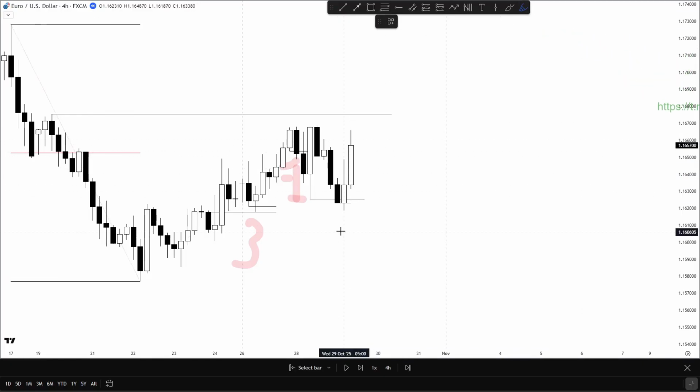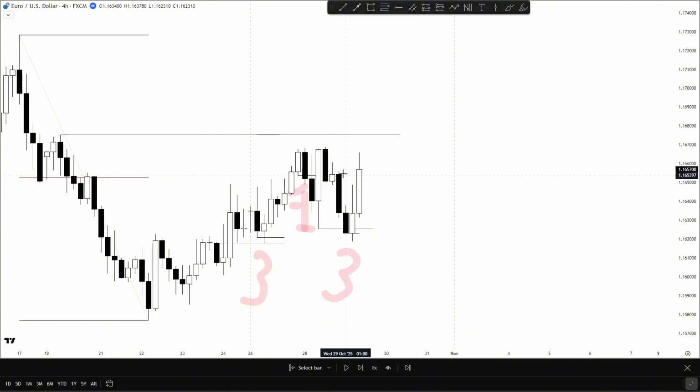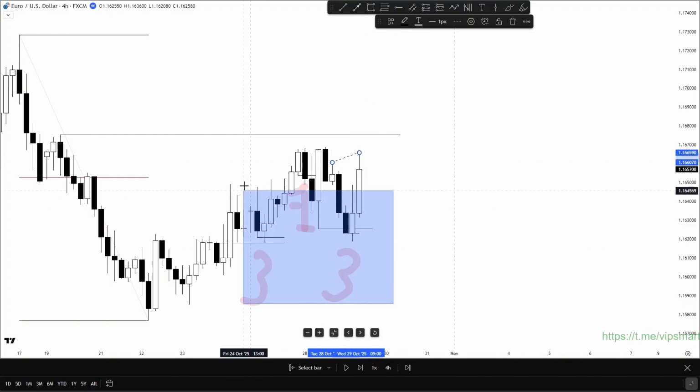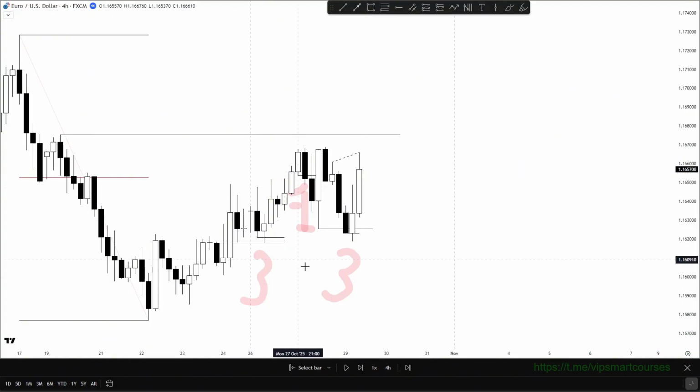Okay, I closed my trade right here at 3R, but we then had an SMT divergence with DXY, and because of this SMT divergence, let me remove all of this.